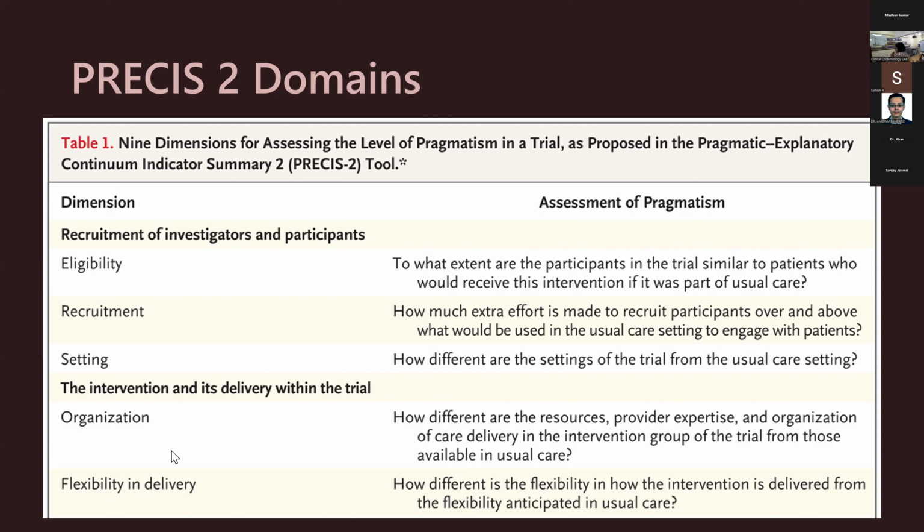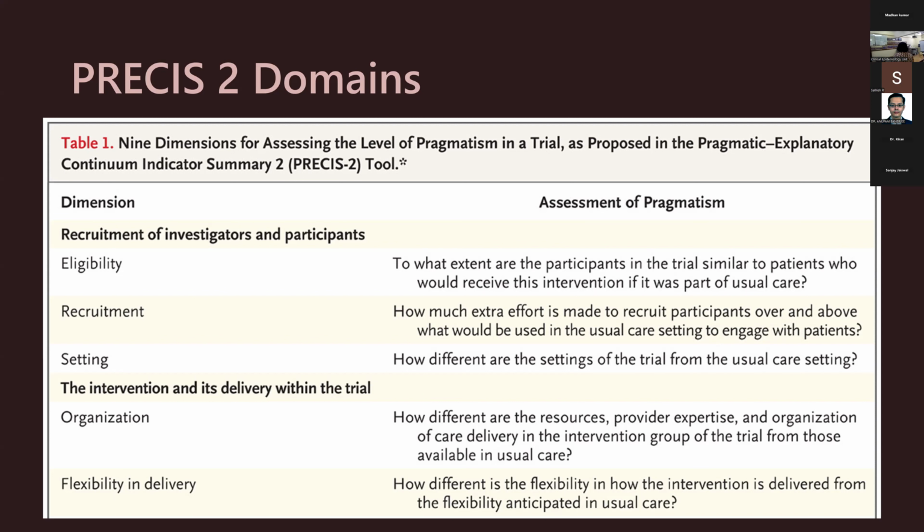So next is the organization. How different are the resources, provider expertise, and organization of care delivery in the intervention group from those available in usual care? So this will be in terms of interventions. For example, if I were to compare the ease of endotracheal intubation after a particular muscle relaxant, in a pragmatic trial the provider would be anyone from a resident to a consultant.